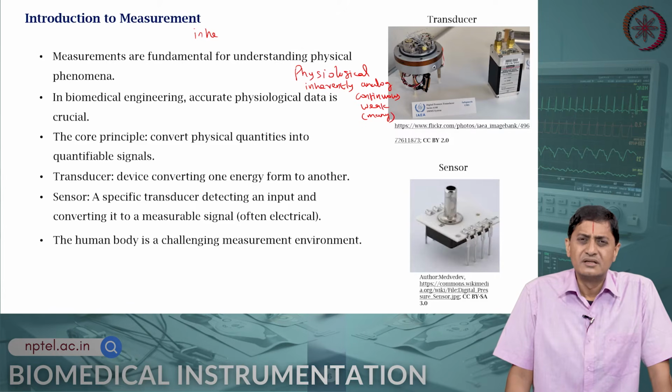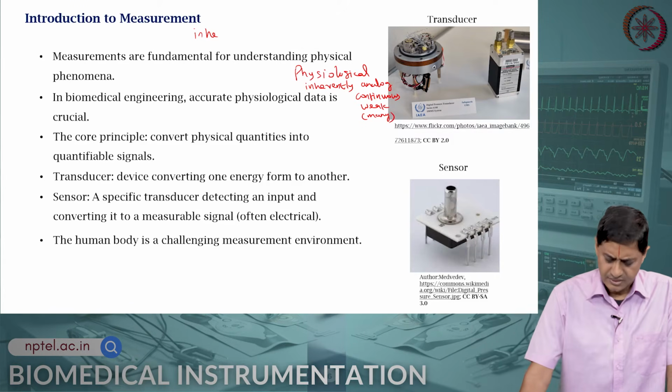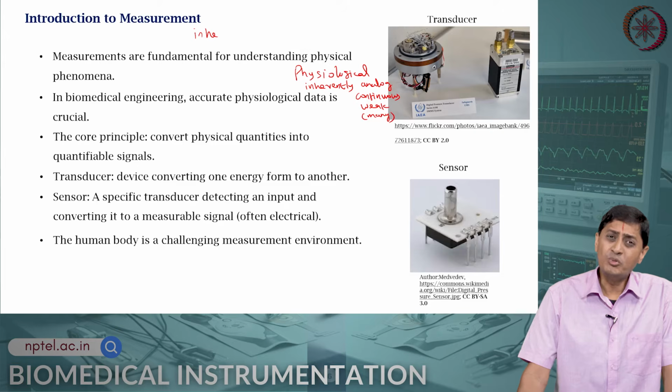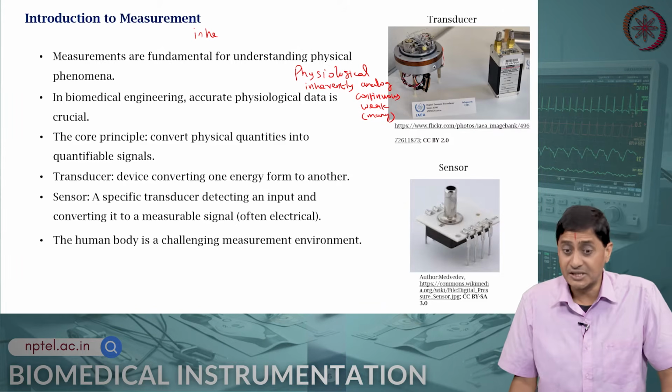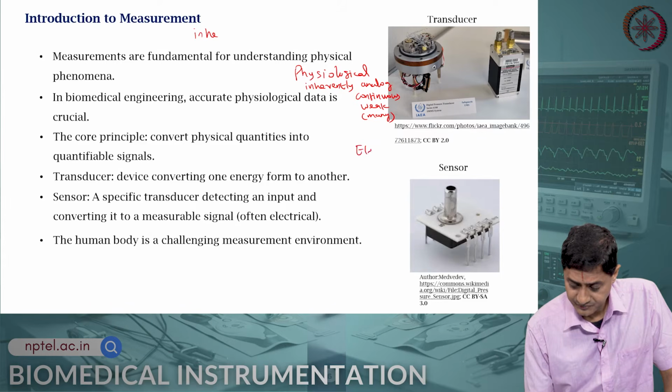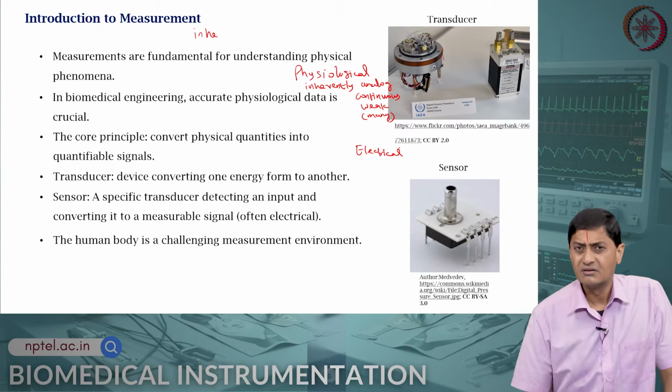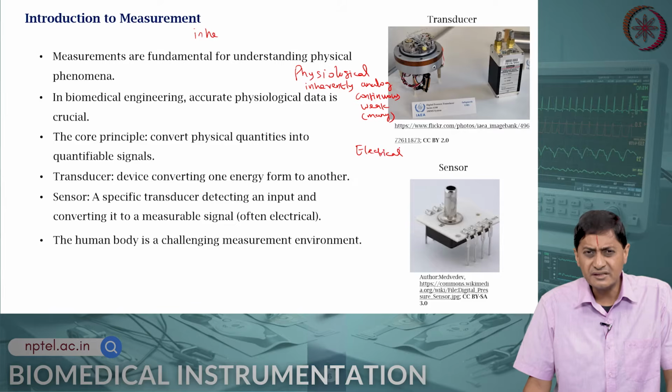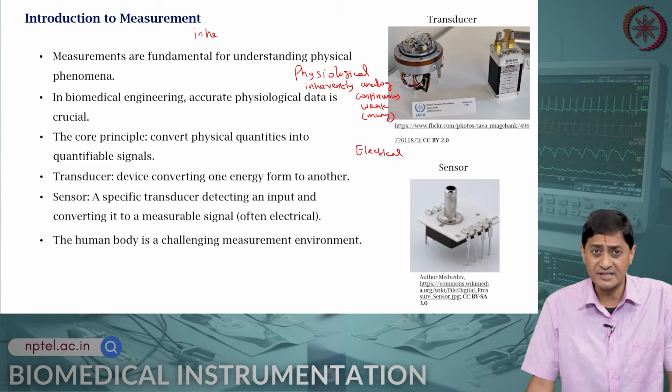The output may not always be electrical, but may be electrical also. Some of these outputs are electrical. You are wondering, is there an electrical output from the body? The answer is yes.